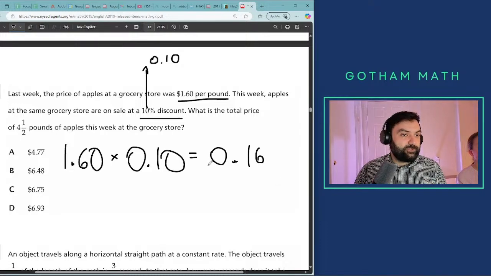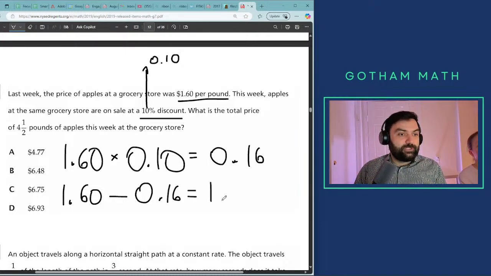So now, since I found the 10% of the price, I can take it away from the price because it's a discount, right? It's something that we don't want to pay and don't have to pay. So it's going to be $1.44 per pound.